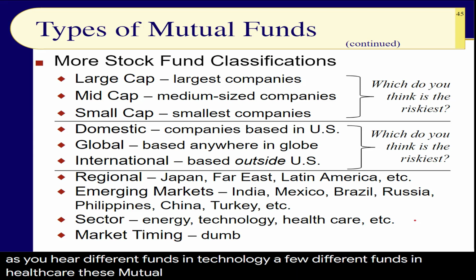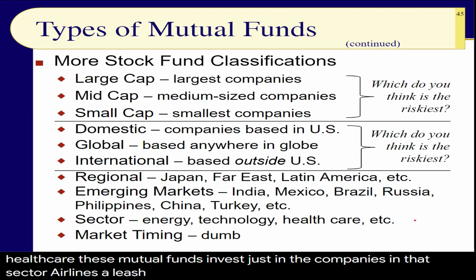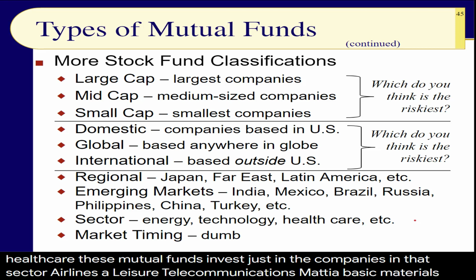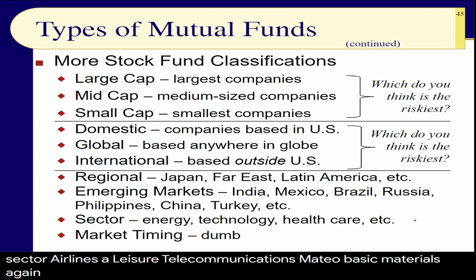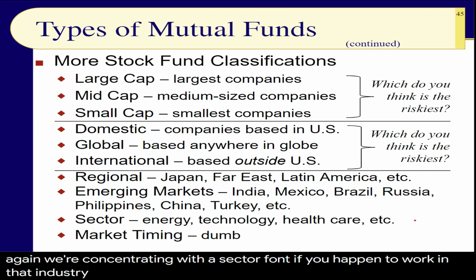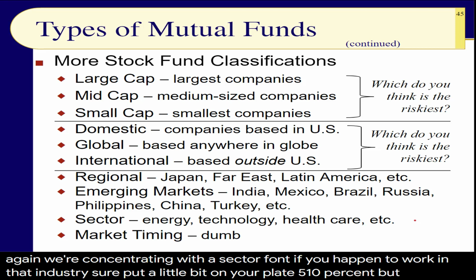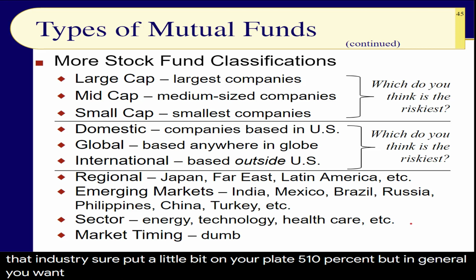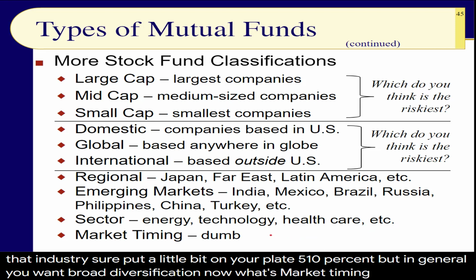These mutual funds invest just in the companies in that sector: airlines, leisure, telecommunications, basic materials. Again, we're concentrating with a sector fund. If you happen to work in that industry, sure, put a little bit on your plate, 5-10%. But in general, you want broad diversification. Now, what's market timing? Well, it's dumb.